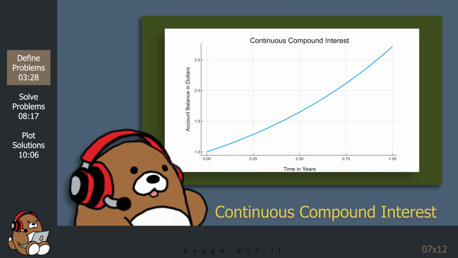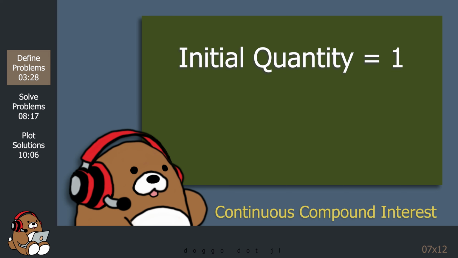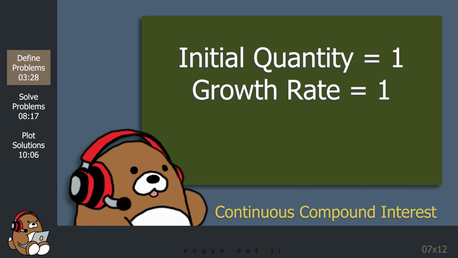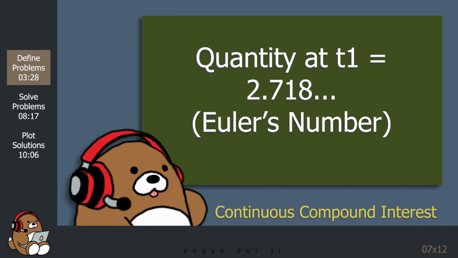As a motivating example, I'm going to use a modified version of the continuous compound interest problem that I covered in episode 704. As a reminder, the continuous compound interest problem revealed that if you start with an initial quantity of 1, subject to a continuous compound growth rate of 1, and applied for a time period of 1, then the ending quantity at time 1 will be 2.718, which is Euler's number.